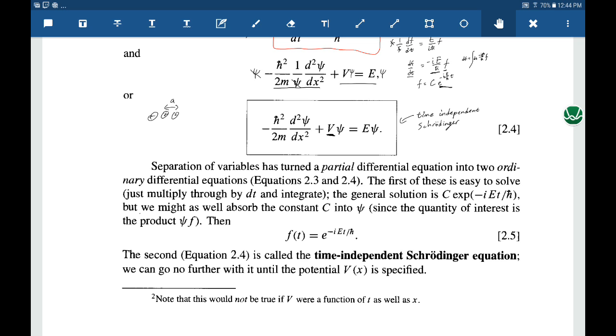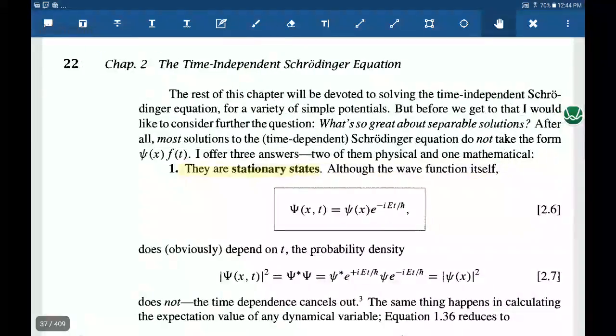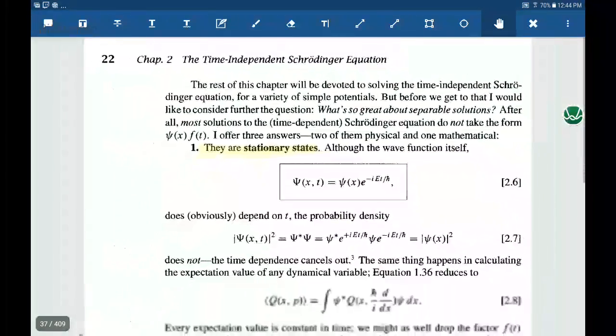Now since we did separation of variables, this turned our partial differential equation into two ordinary differential equations. And now they're both much easier to solve. This is just our result for our time-dependent function. It does not depend on the potential.